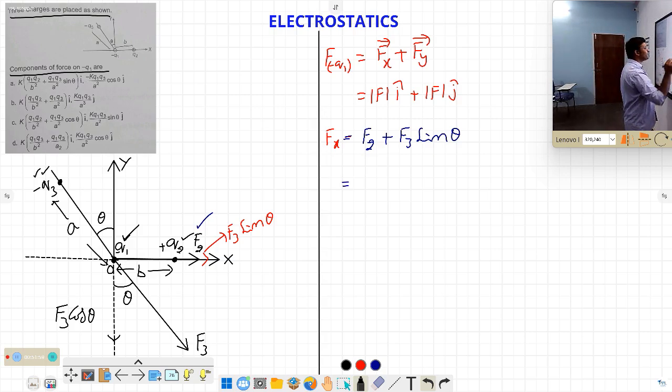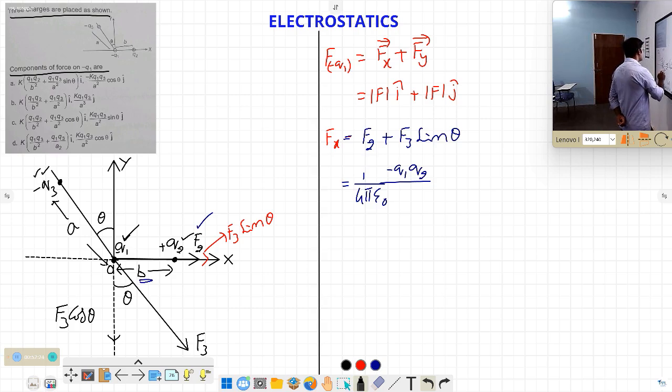Now you can write this. What is the F2 formula? F2 is the force between minus Q1 and plus Q2. The force of repulsion between these two is 1 by 4 pi epsilon naught, the charges minus Q1 plus Q2, by r square. R square means the square of the distance.